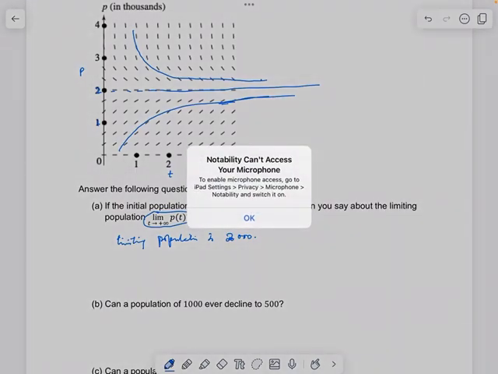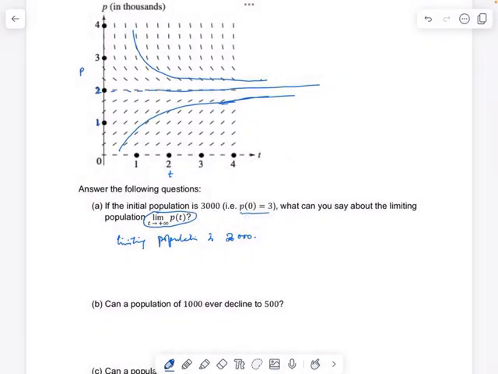At 2, all the curves are joining. So no matter where the population starts, whether below 2 or above 2, it is going to level off at 2, at a level of 2,000.